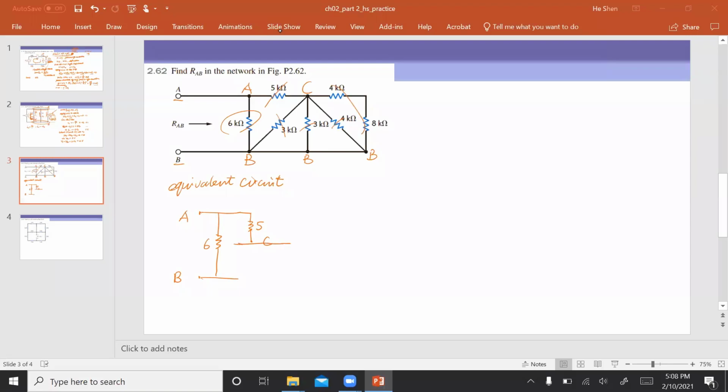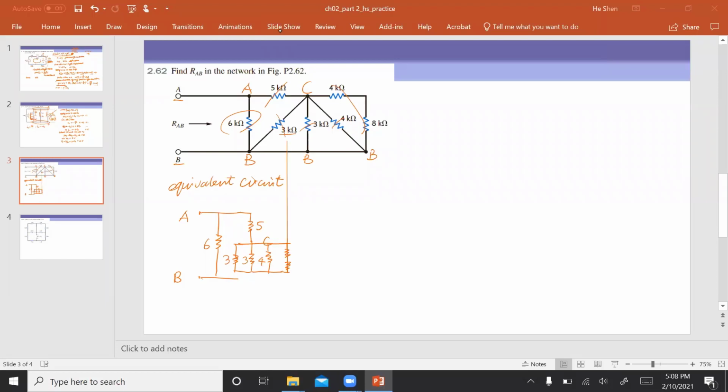There are 4 branches. The first branch is with the 3K. The second branch is 3K. The third branch is 4K. The last branch is 4 and 8 in series. 4 and 8.